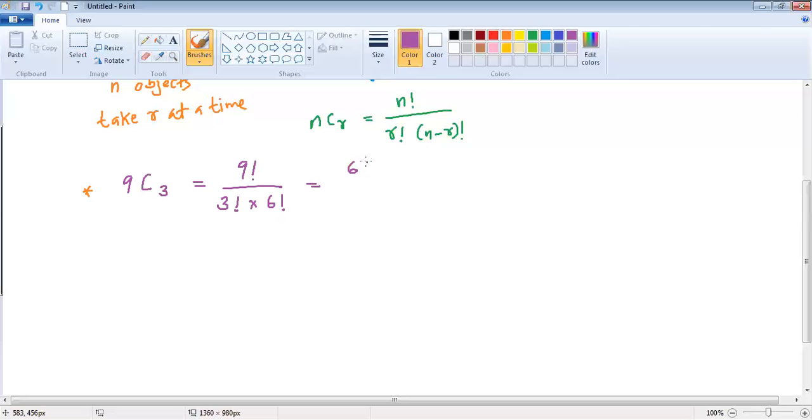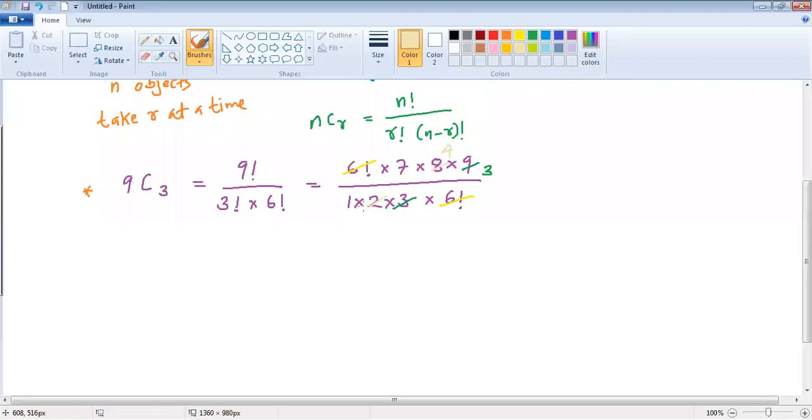So 9 factorial can be written as 6 factorial into 7 into 8 into 9, divided by 3 factorial, which is 1 into 2 into 3, into 6 factorial. 6 factorial cancels, 3 and 9 cancel, it will be 3, 2 and 8 cancel, that will be 4.